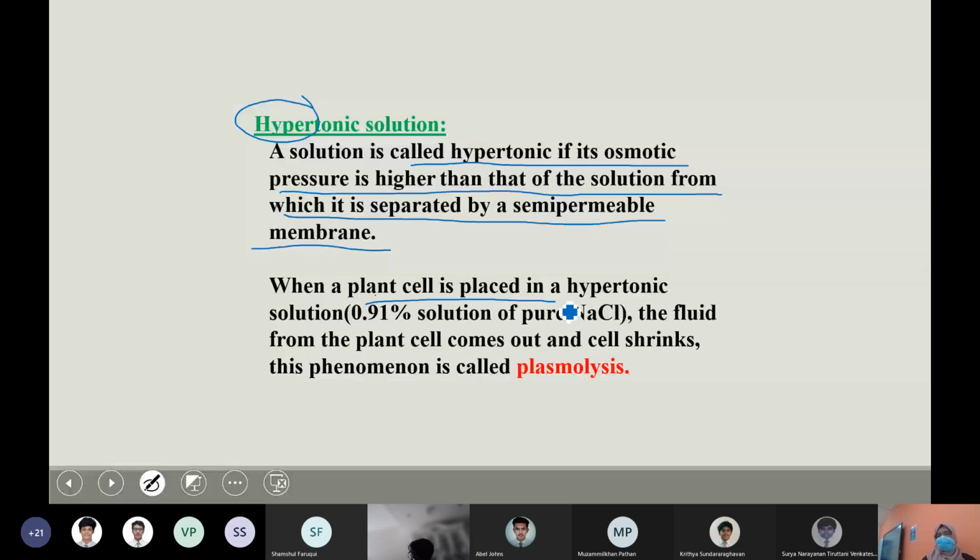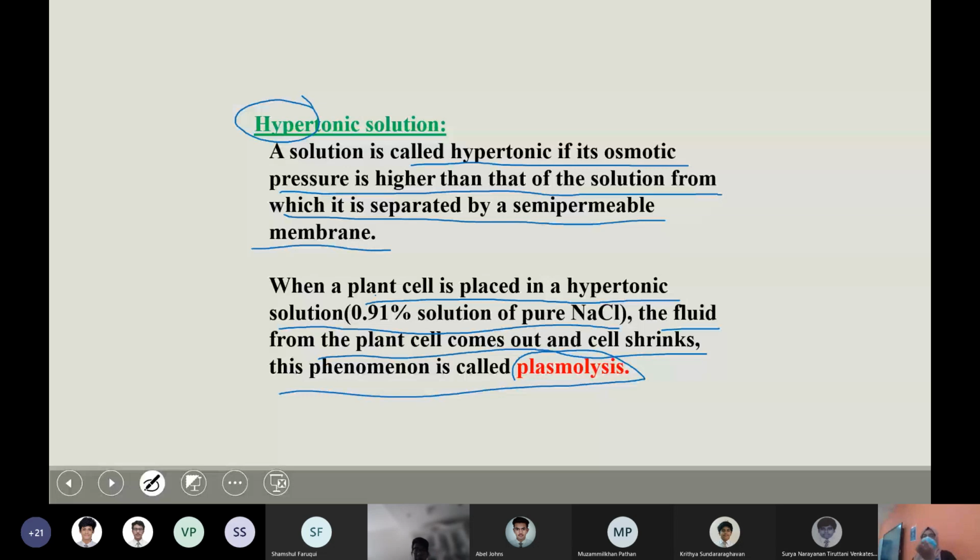When a plant cell is placed in hypertonic solution, the fluid from the plant cell comes out and the cell shrinks. This is called plasmolysis. The same thing happens when you put raw mangoes in brine, saline water.